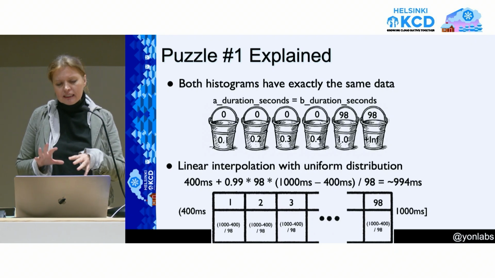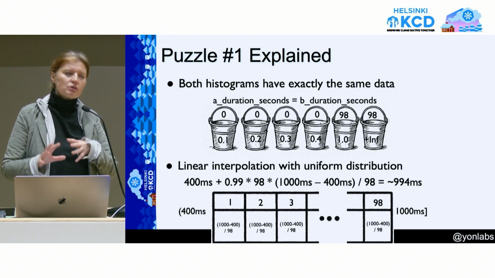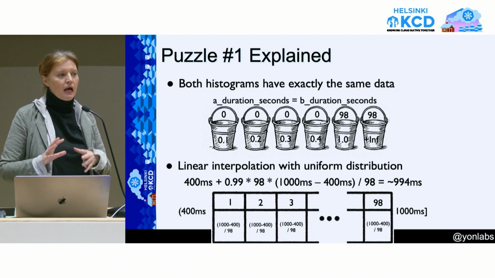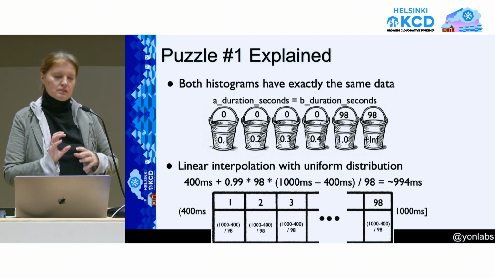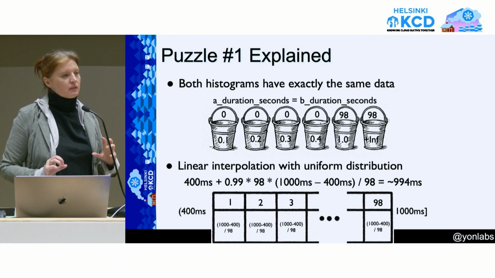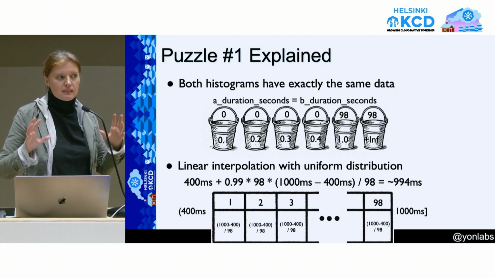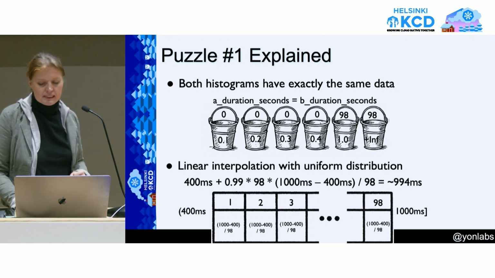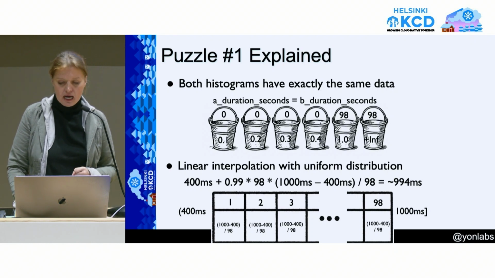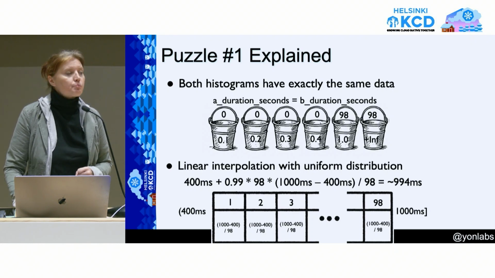So here you see a kind of approximation of the actual algorithm. The implementation details may vary a little bit, but the actual idea is as you see that. So basically, that's why we see this 994 for both of them.